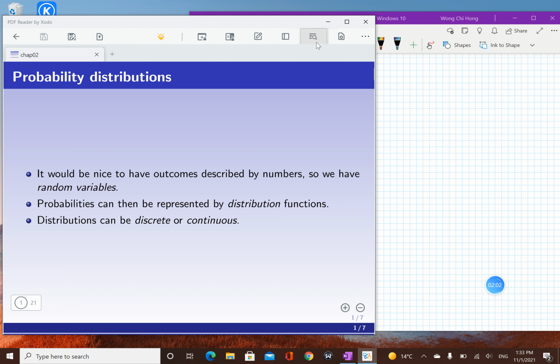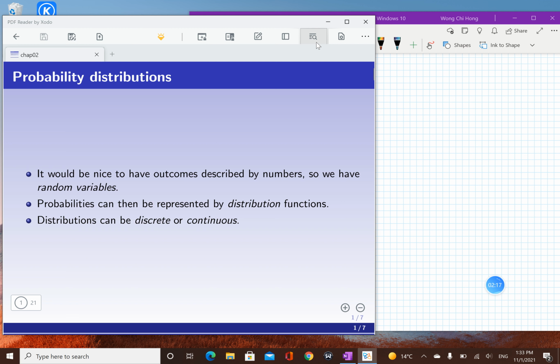But if you think about that, our random variables can be a number of things. Say for instance, if you have a coin, it'll be 0 and 1 representing head or tail.